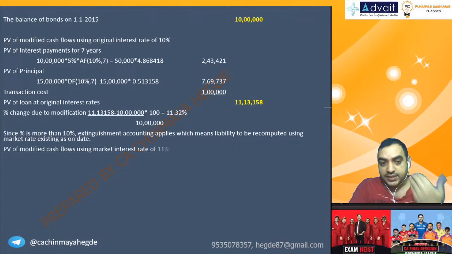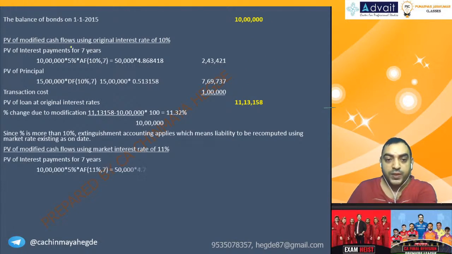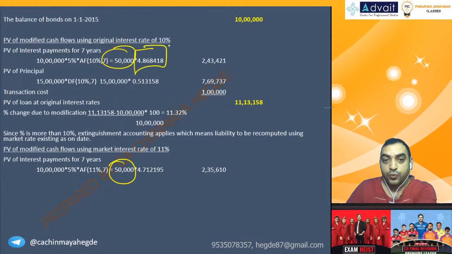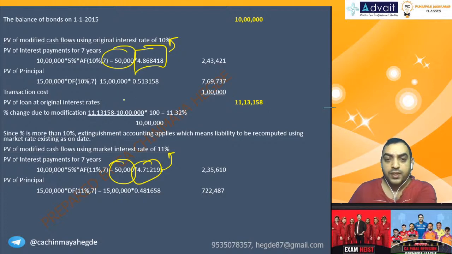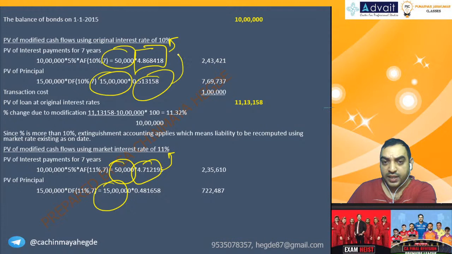In this case, let's recalculate. The same calculations will apply. That is 50,000 as the coupon payment, but the discounting rate was 10% earlier. Now the discounting rate will be 11%. Only the interest rate changes, so only the annuity factor changes. Other things remain the same. This 15 lakh is the same, but the factor was 0.513 at 10%.